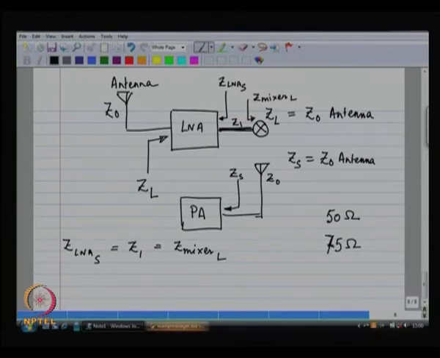So, these two typical numbers are used for different applications. 75 ohms is used for cable TV, for all kinds of television systems, whereas 50 ohms is used for all kinds of other applications not related to cable TV and television. So, 50 ohms is used everywhere else. 50 ohms is by far the standard number that is used.